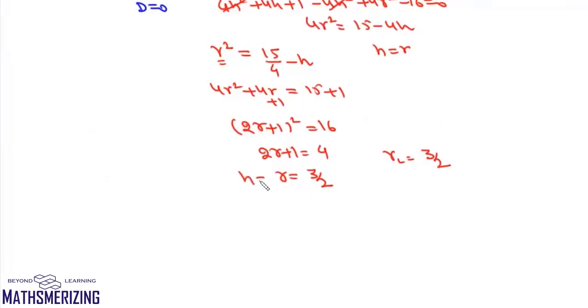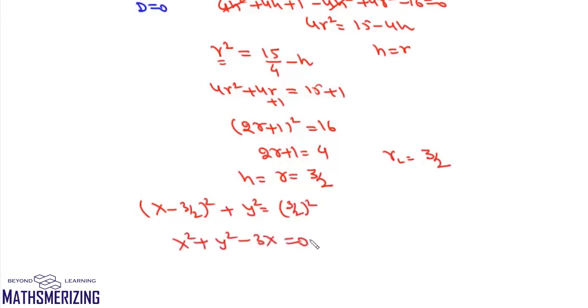So basically h and r, they are equal to 3 by 2. We can write the equation of this circle as x minus 3 by 2 whole square plus y square equals 3 by 2 whole square. So it will be x square plus y square minus 3x equals 0. Now we need to find the point of intersection with this parabola, which is y square equals 4 minus x.